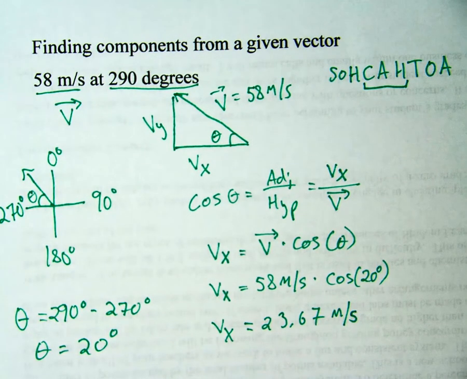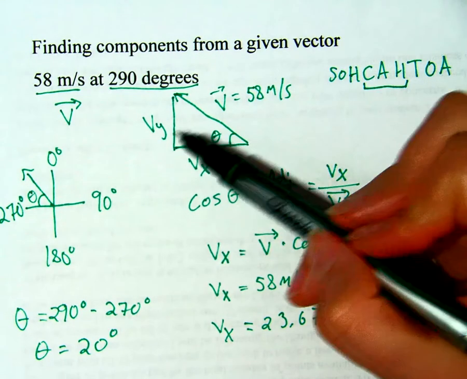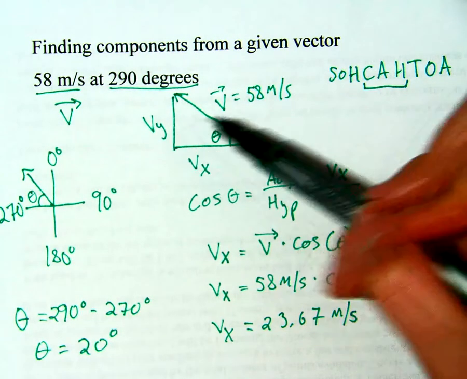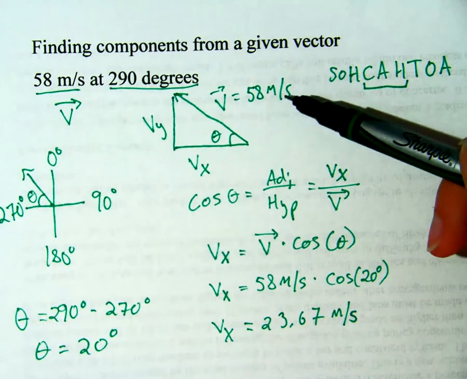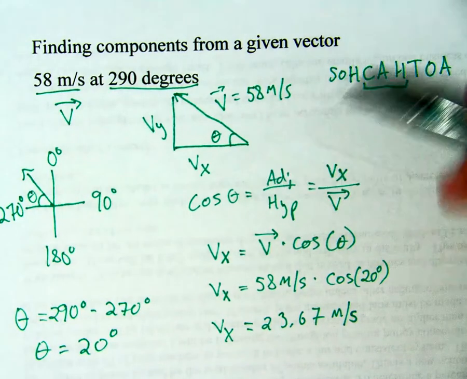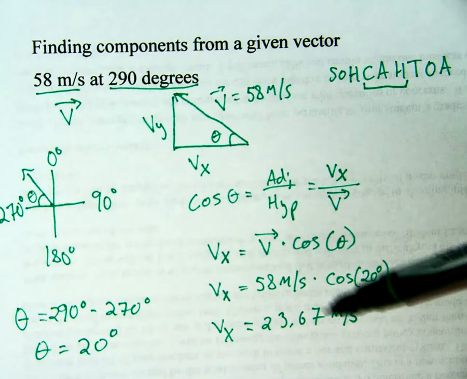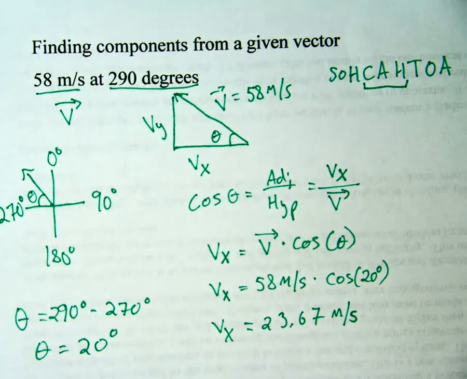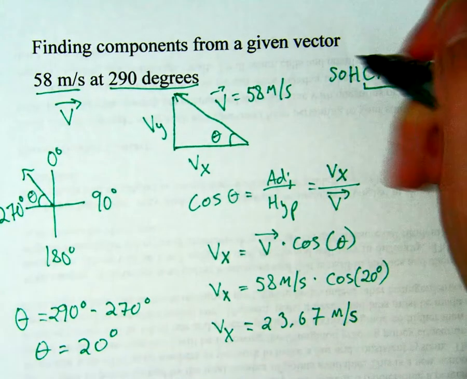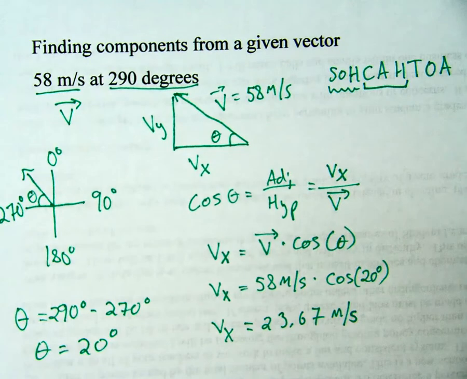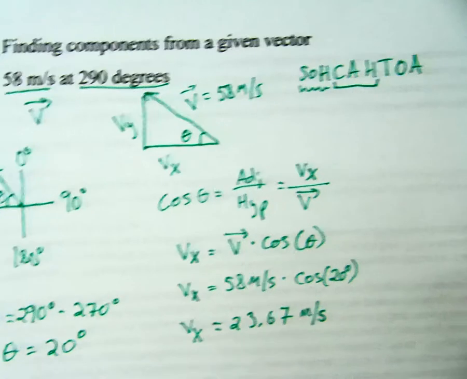And so that's vx. Now to solve for vy, we know that this is going to be our opposite. So we have our opposite and our hypotenuse. We also know our adjacent, so we could solve this in many different ways. You could do the Pythagorean theorem in order to find vy, but I'm going to go back and use sine for this, just so that we can have experience with doing it with the angle that's given.